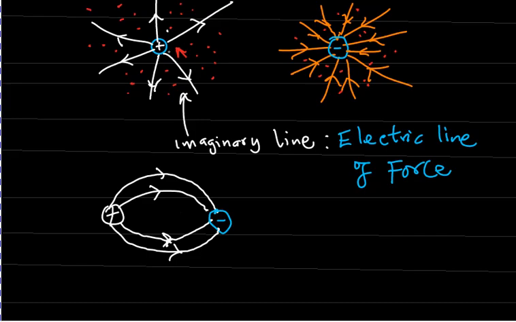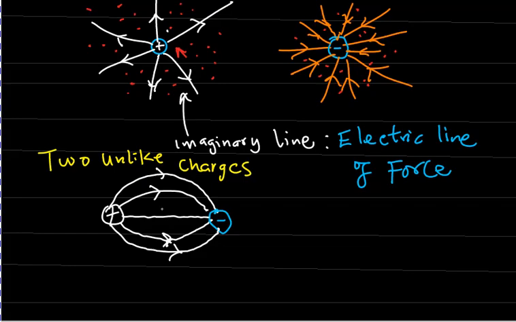So these are two unlike charges. Now as you can see from this particular diagram, this confirms one of the laws of electric force, Coulomb's law of electrostatic force, which states that unlike charges attract while like charges repel.